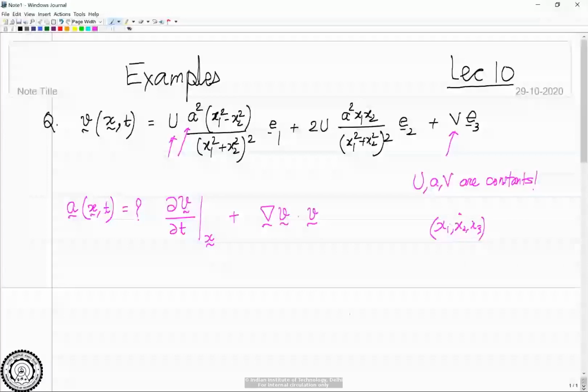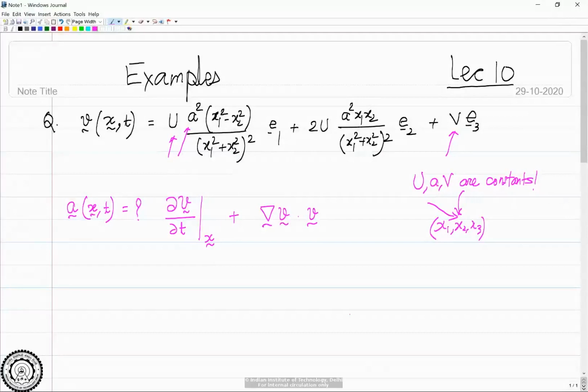Whatever particle comes to this point will always have the same velocity once it reaches this point. But at different times, we have different particles at this location. So just because velocity is not a function of time in this Eulerian framework, it doesn't mean that acceleration is zero.